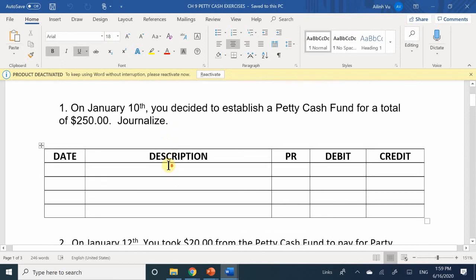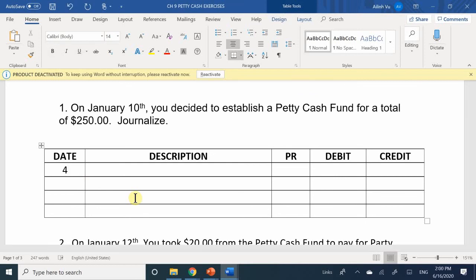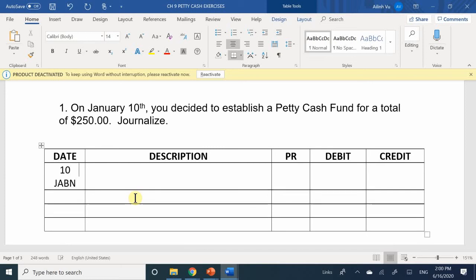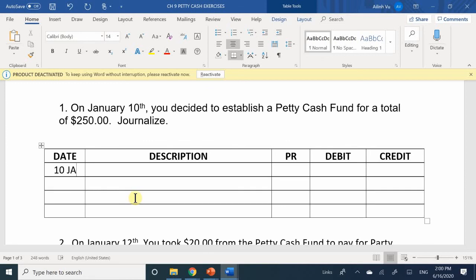Okay, so what do you need to do? You need to do the date, petty cash, checking. So 10 January, you're going to open up the petty cash fund.